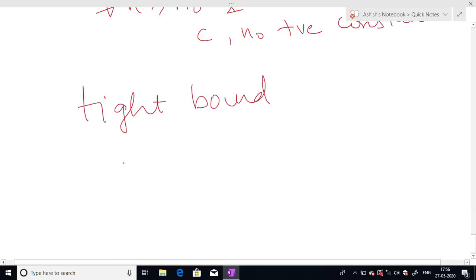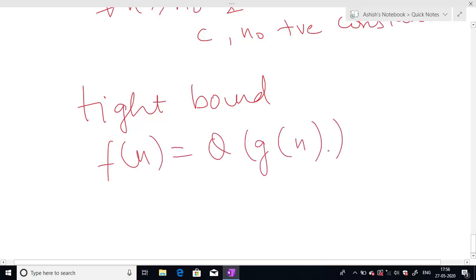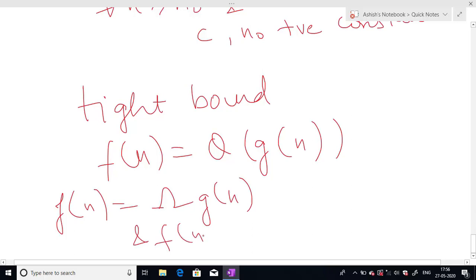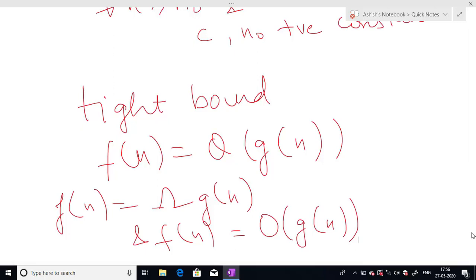So when we say that function f(n) is theta of g(n), it means our function f(n) is big omega of g(n) and function f(n) is also big O of g(n).